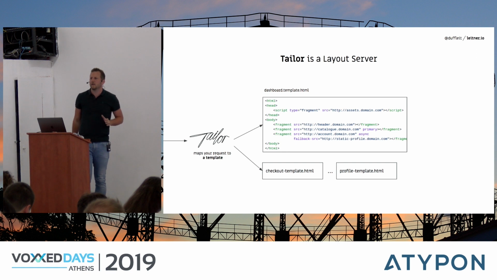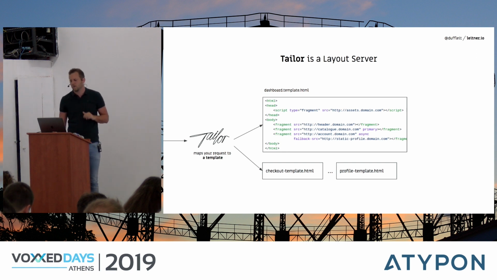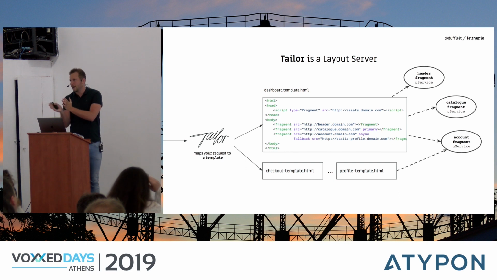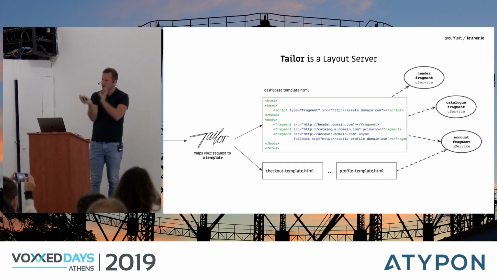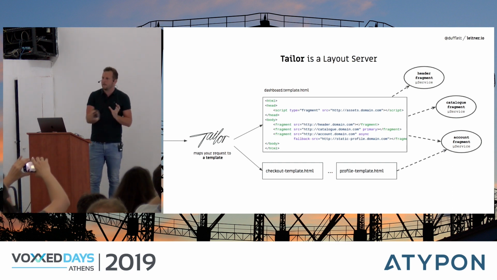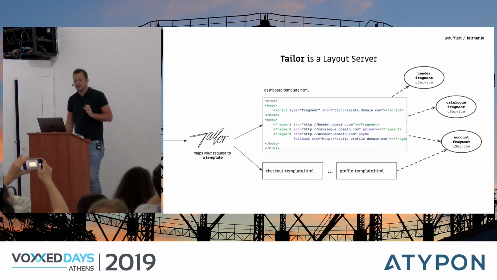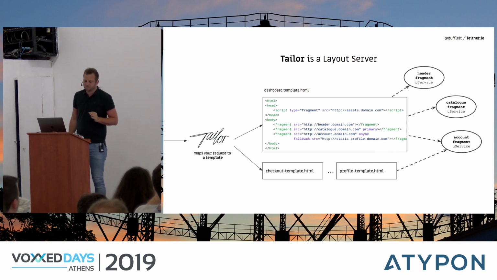So there are a lot of additional things which Tailor brings that make it really useful in practice. But the important thing is all those fragments are really microservices, right? This template just collects the fragments of microservices, aggregates and bundles them together, and returns them as a single page.